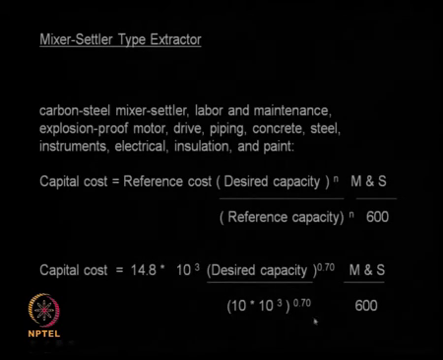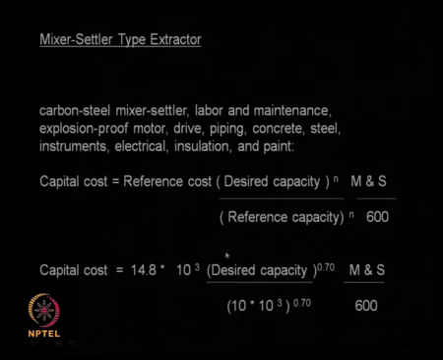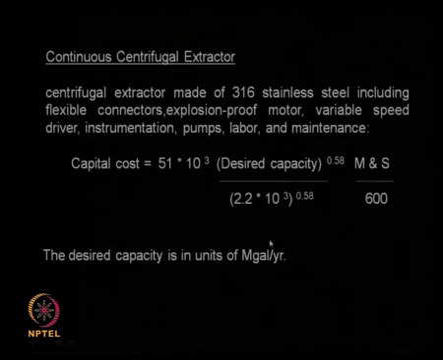We can have formulae like this, raised to the power 0.7, because if you are just talking about a simple tank with an agitator in the mixer settler, then we can use the exponent as 0.7. Again you can use this simple formula for calculating the cost depending upon the capacity of the mixer settler.